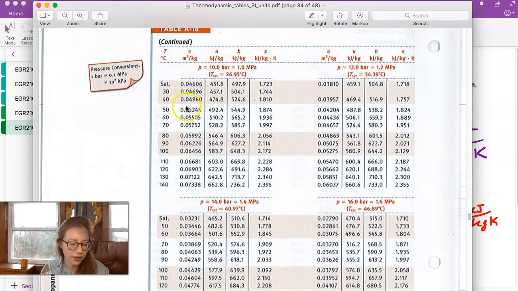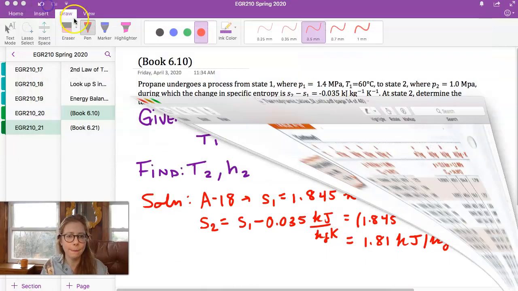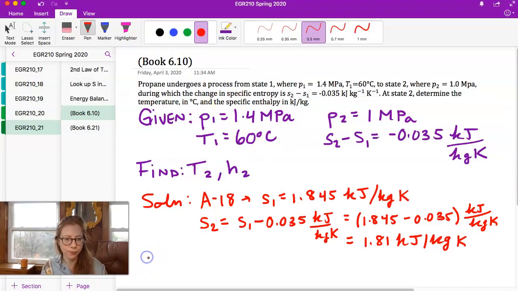Okay, and we need to see if we can find 1.81. Yes, so we have the entropy here on our superheated diagram. Okay, so that matches up with a temperature of 40 degrees Celsius and also an enthalpy of 524.6 kilojoules per kilogram. So that is it for this one.